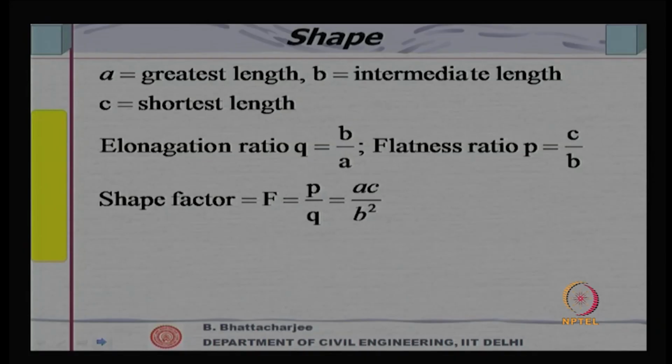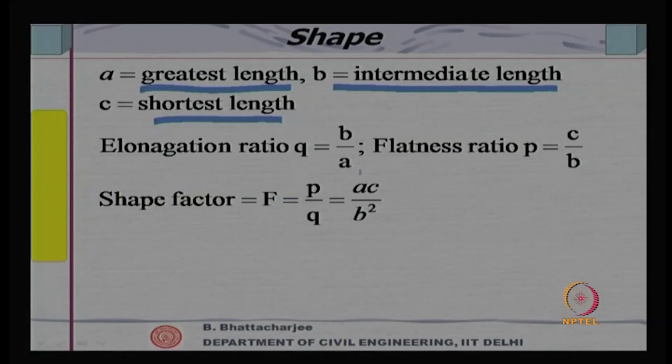Now, numerically, if we want to express some of this aspect related to shape, let us say A is the greatest length, the maximum length, B is the intermediate length and C is the shortest length.